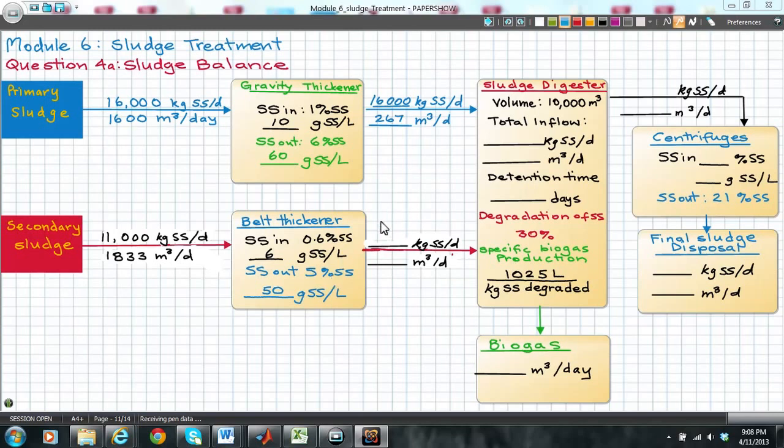Now if we look at our thickened secondary sludge outlet, we are going to have the same solids mass flow, which is 11,000 kilograms of suspended solids per day, and we need to calculate what the volumetric flow will be.